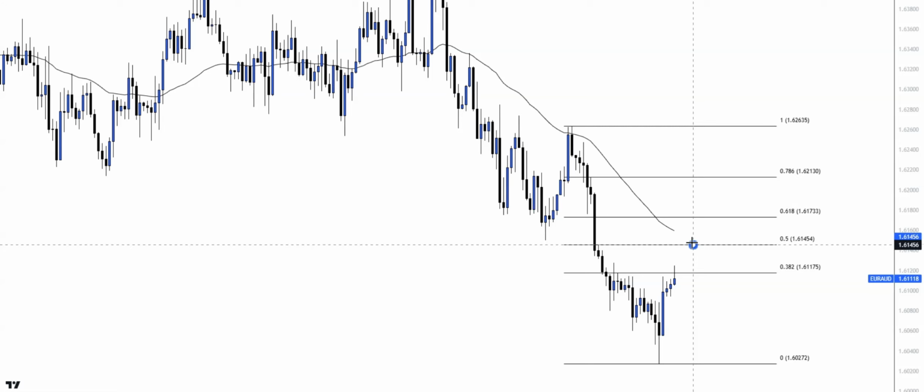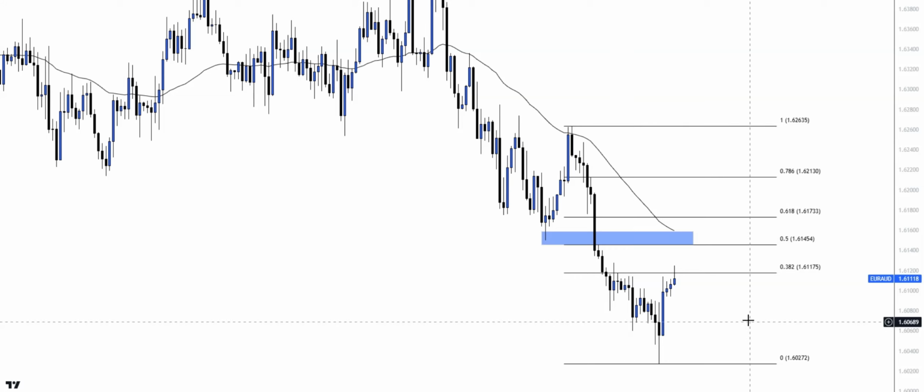My second is obviously this key level, and then I have the EMA as well. What I noticed when I drew this box is that if I look to the right, I also had the round number of 1.6150. So for that reason, it solidified my decision making when it came to the trade.